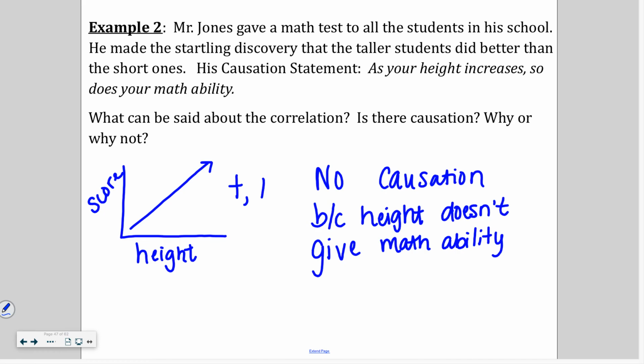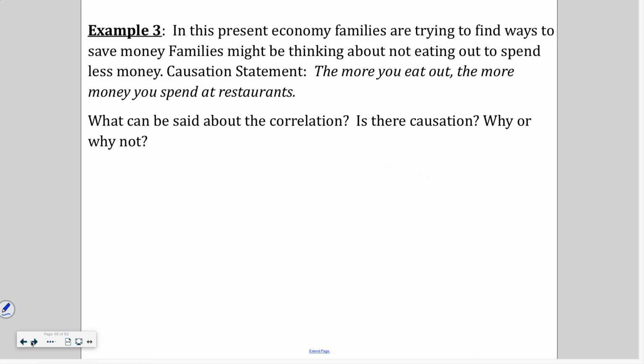All right, so just because you're tall doesn't mean you're smarter at math than somebody that's shorter than you. That just happens to be a correlation. All right? Example 3, try this one on your own again.